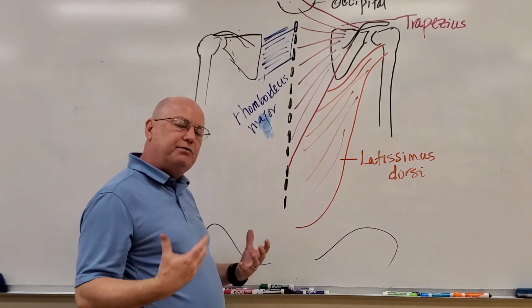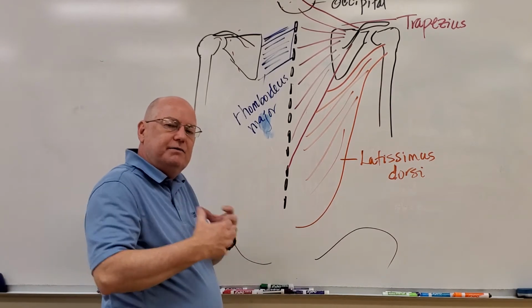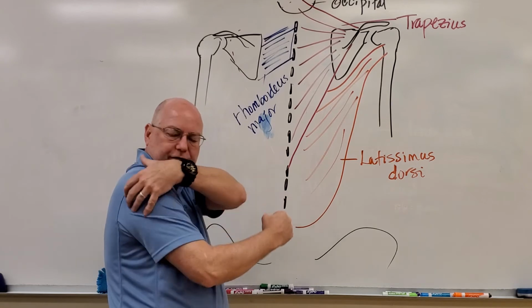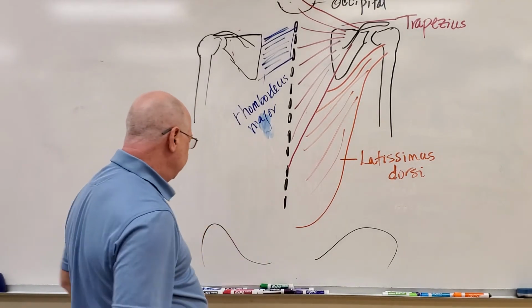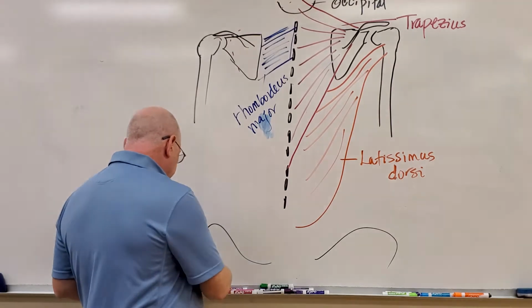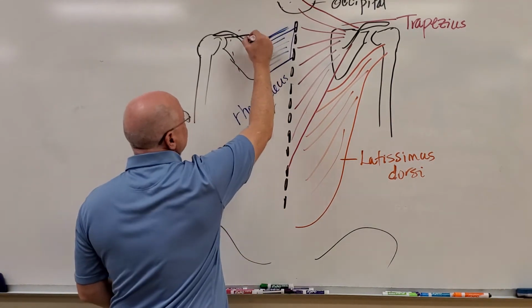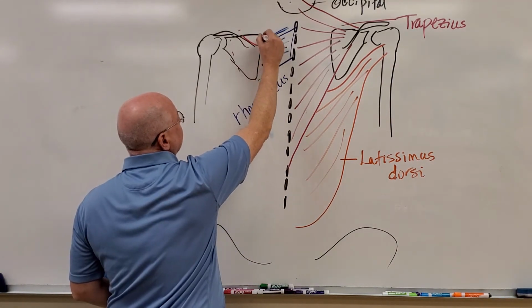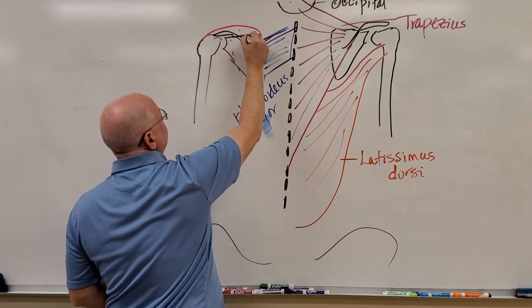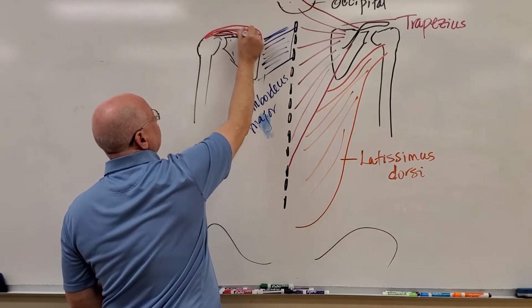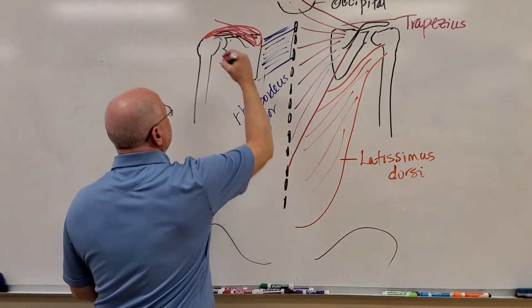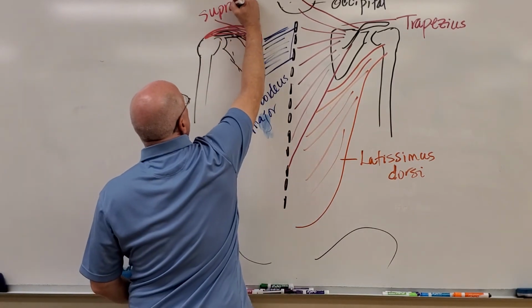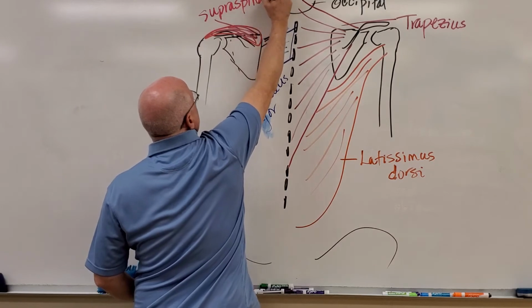And then there's several muscles and ligaments and tendons that make up what we call the rotator cuff. It makes a cuff around the muscles that help us rotate our shoulder. One of those muscles sits superior to the spinous process and attaches over here laterally to the humerus. And since it's superior to the spine, that muscle is called the supraspinatus muscle.